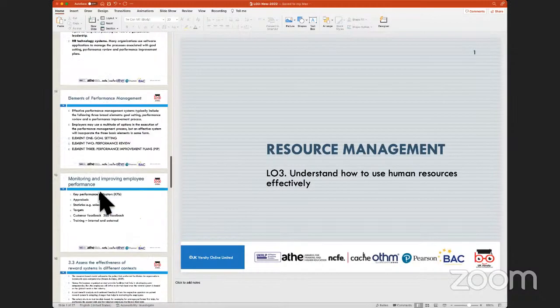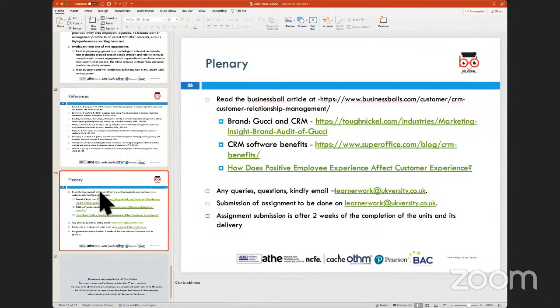So go through some of the additional reading given here in terms of benefits of software, which organizations are currently using to effectively manage human resources and to help increase productivity and efficiency. These are good articles that you could read. And I would suggest that this is something that you should do after going through this particular session as a bit of homework. So I will see you guys tomorrow for learning outcome 4.